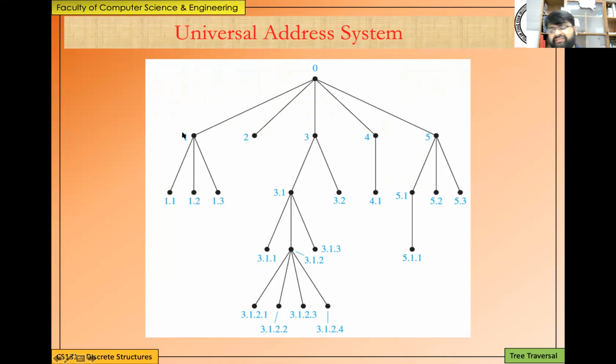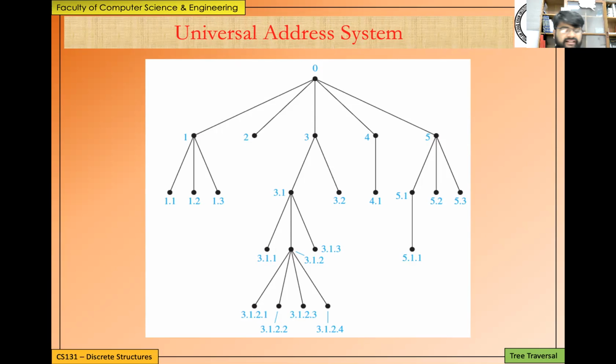In those sections you may have subsections 1.1, 1.2, 1.3, and you might not need any subsection in, for example, section 2. You might need further subsections, so for 3.1 you may have 3.1.1, 3.1.2, 3.1.3, and so on, going to whatever depth you require. So this is the universal address system.